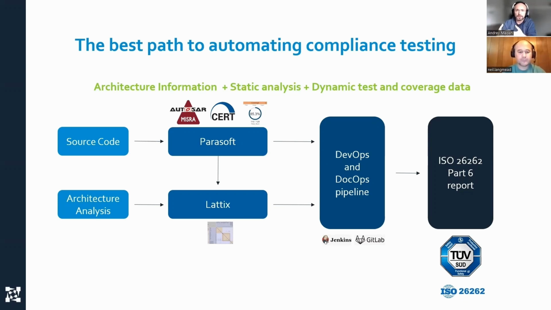So that's an important piece that many people overlook, but you need to have some sort of an argument to authorities or to your auditors about how you checked that your architecture is sound and solid. So that's where Lattix comes in, and also with their expertise in pipelines and generating those reports on the fly for every pull request. That's why we are partners with Lattix.